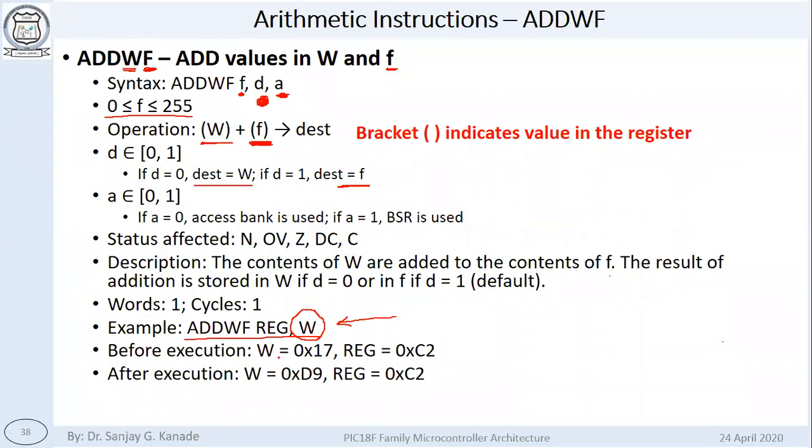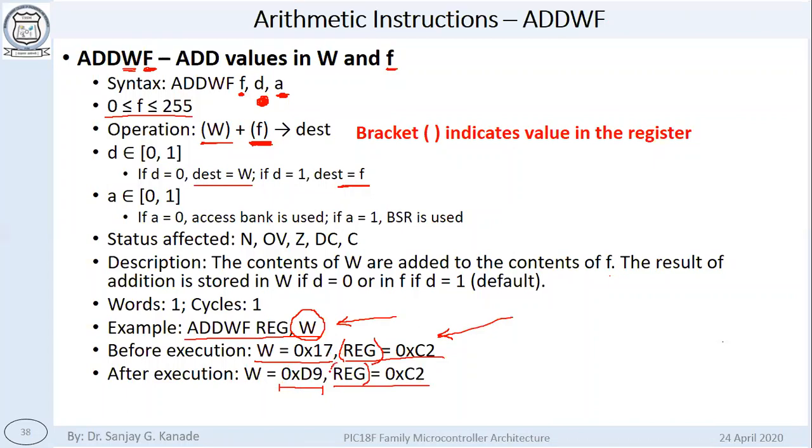Let's say W in the beginning is 0x17 and REG is 0xC2. Now remember, this 0xC2 is the value inside the register. So the addition of these two will be done. 7 plus 2 is 9 and 1 plus C is D. So this is the result of addition, and after execution we will get W equal to 0xD9, and the register will contain the same value.